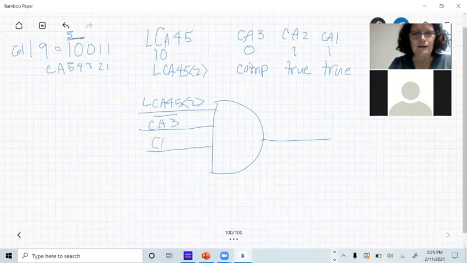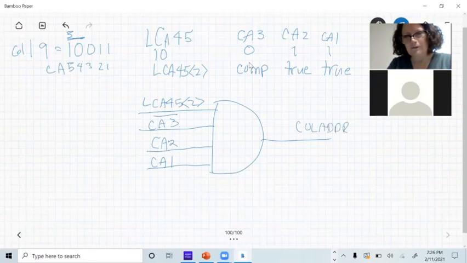I'd also have to AND it with CA2 and AND it with CA1. And this would give me column address 19, whatever it's called. So that's what I was asking you for in part A.